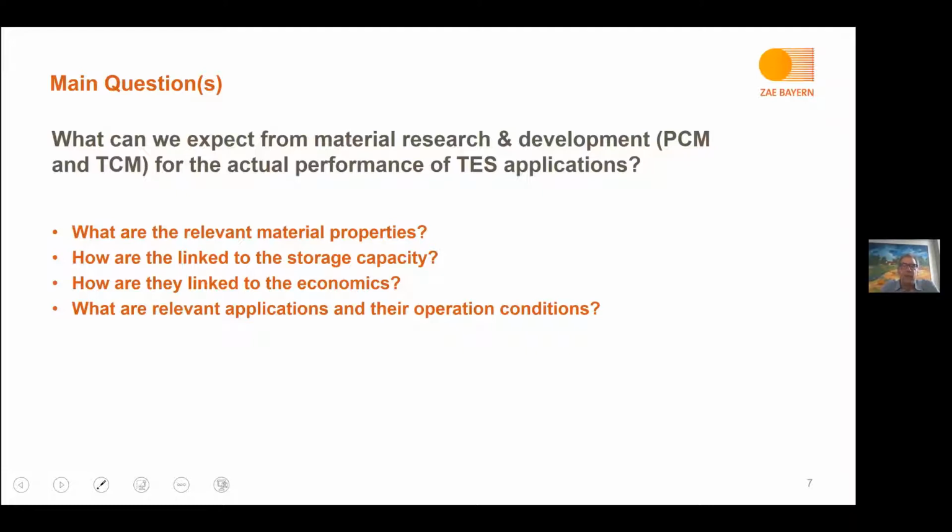And how are they linked to the economics? Because we have to always keep in mind that it has to be not too expensive. If we find something rather expensive, then it doesn't help at all. And the last question is, what are the relevant applications and their operation conditions?